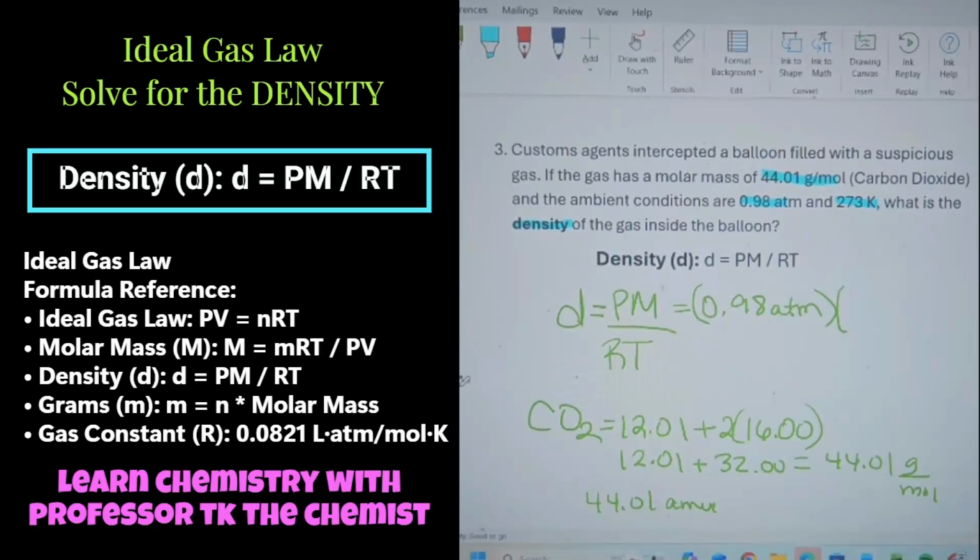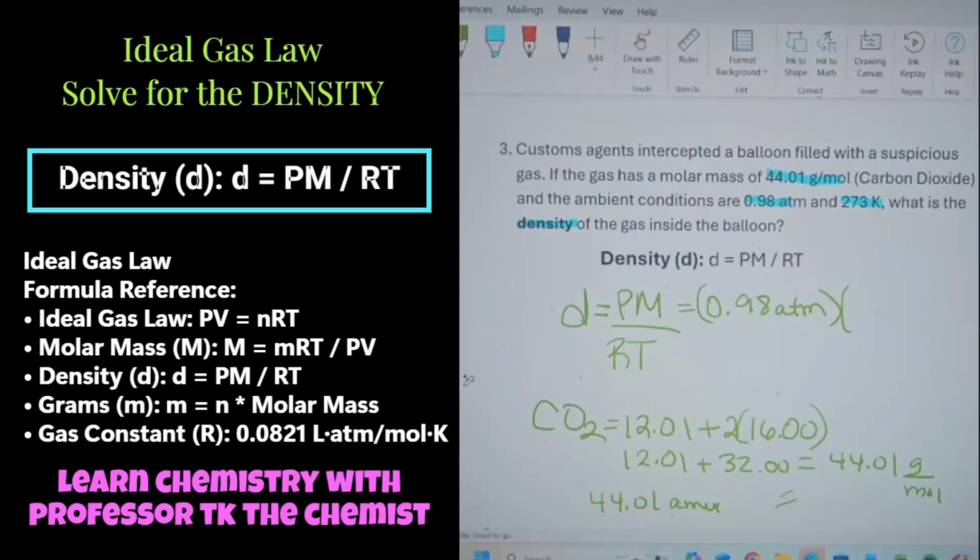It's like saying 44.01 atomic mass units is the same thing as saying 44.01 grams per mole. We often use grams per mole when we are dealing with conversions of stoichiometry. Now, I've already given you that, so you don't have to worry about calculating that in advance.